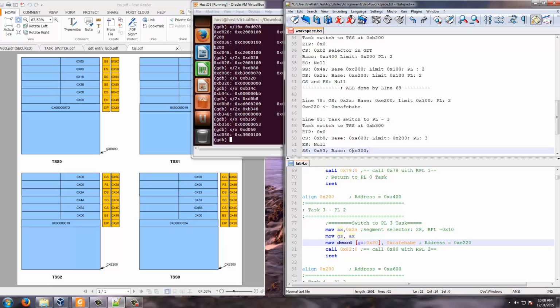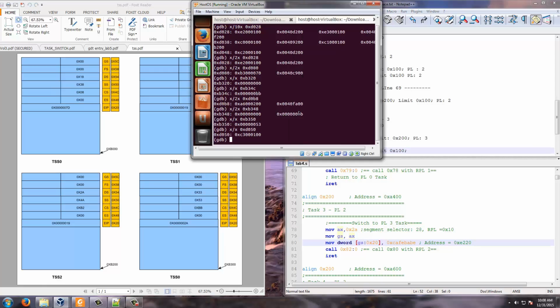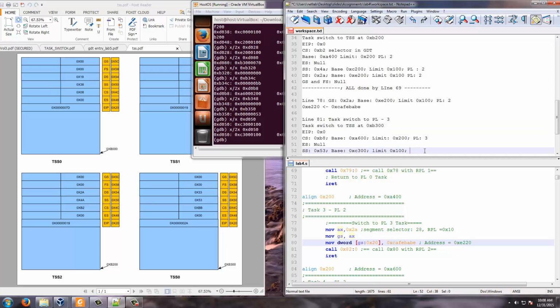Base is 0xC300. Limit is 0x100. And what is happening? Just 1 minute. Just if you see that, it's privilege level 3. This is a privilege level 3 code.